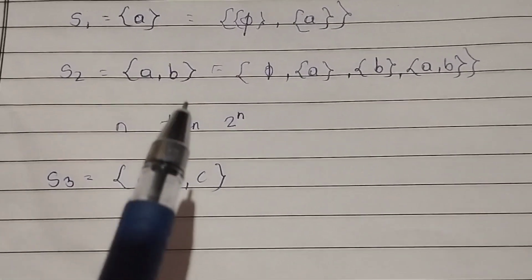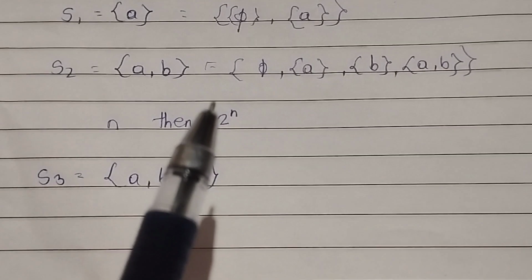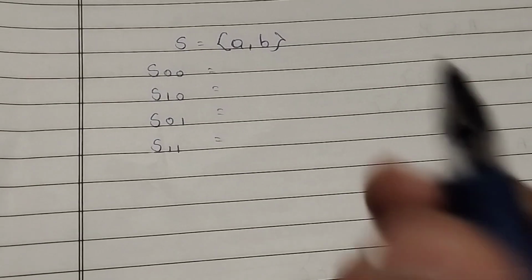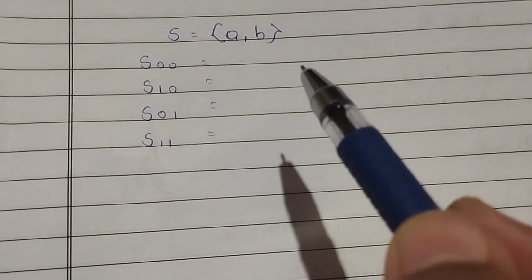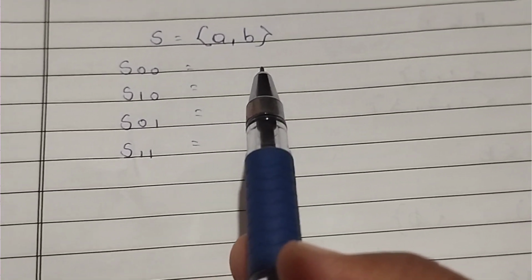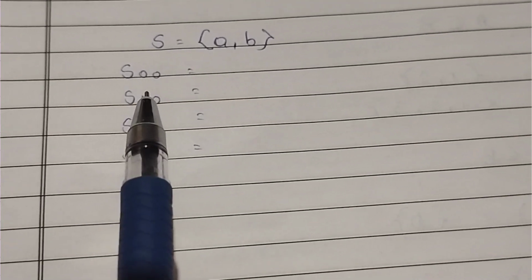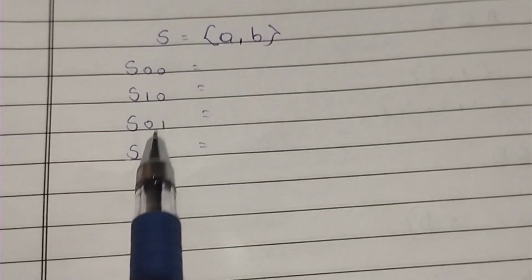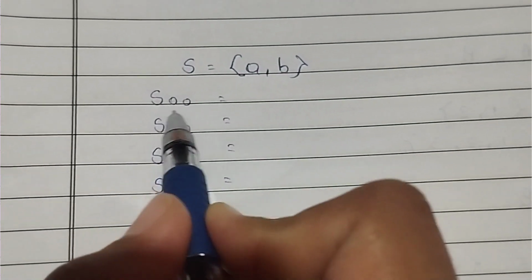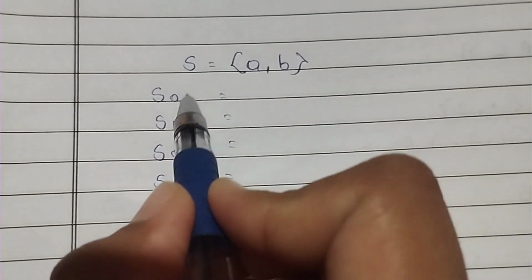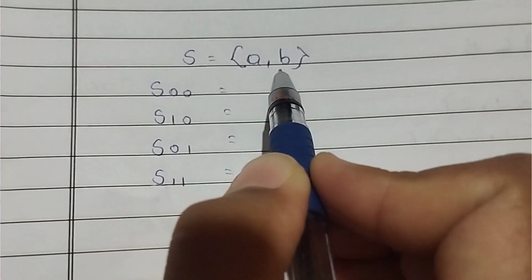How do we find which subsets are formed? Here is one trick. How do we write subsets correctly? Here 2 members are present. Then first write, if 2, then write in binary 2 bits: 00, 10, 01 and 11. The first bit is for the first element and the second bit for the second element.